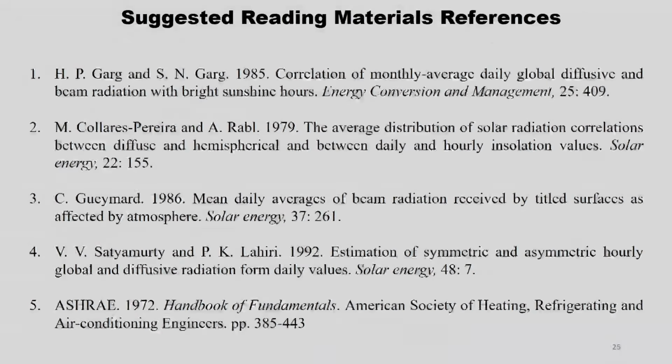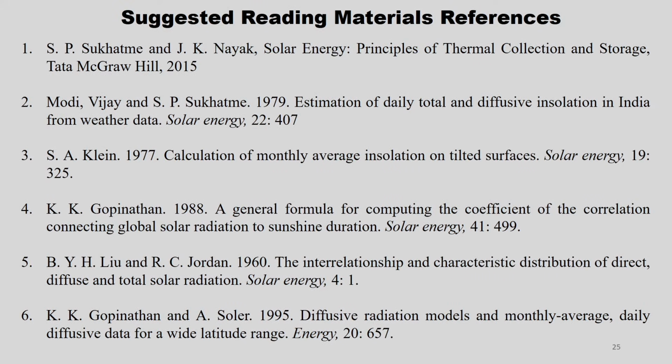If you see the references, the basic formulas, the angle of incidence, latitude and all those formulae were taken from Sukhatme and Nayak, and this is Modi et al. That particular correlation is taken from this research article, and Lane 1997, the recommendation that H naught bar is equal to H naught, is taken from this research article, and we have used Gopinathan relations as well.